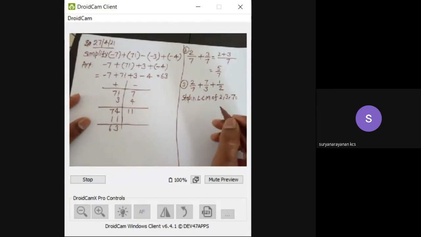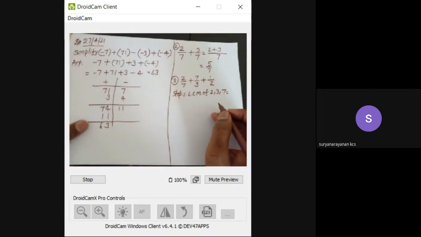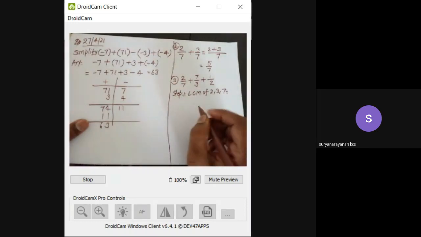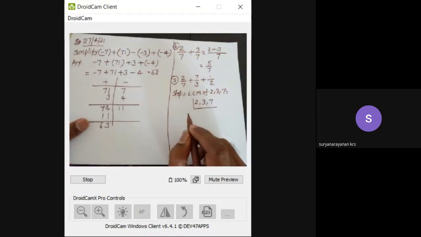We have already discussed in the bridge course how to find the LCM of numbers by the division method. Yes or no? 2, 3, 7. This is called the division method. First of all, we have to select the first prime number.